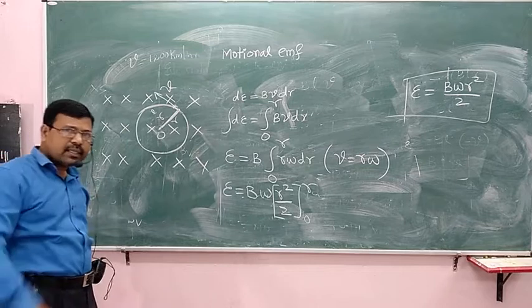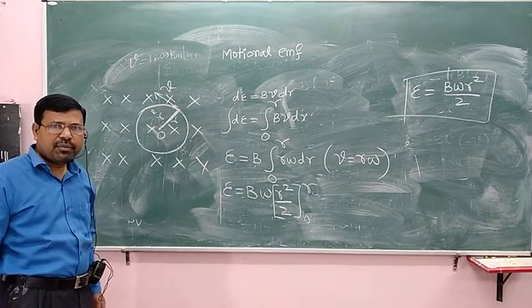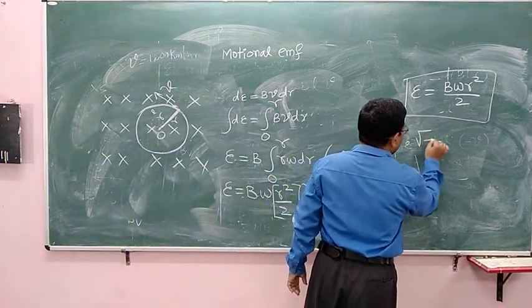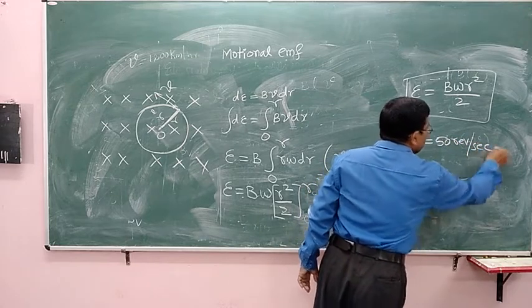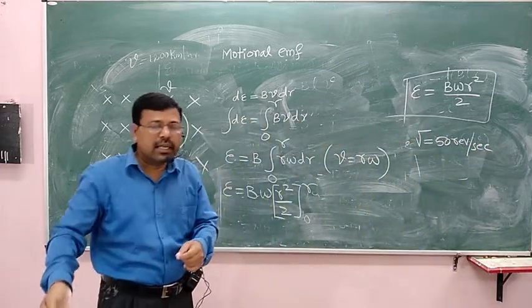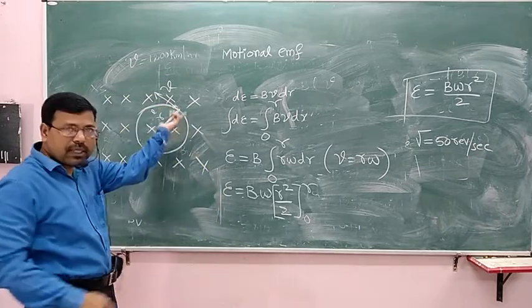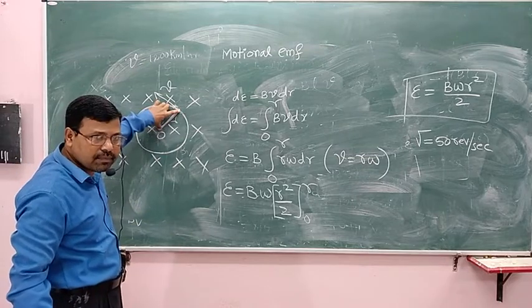If the conductor has a frequency of 50 revolutions per second, that means in 1 second it has completed 50 revolutions. What is the induced EMF produced here?